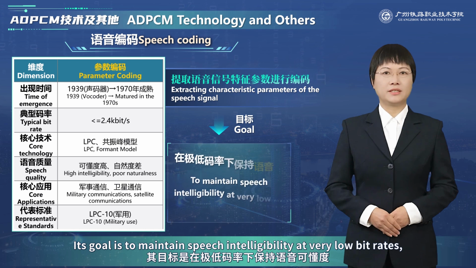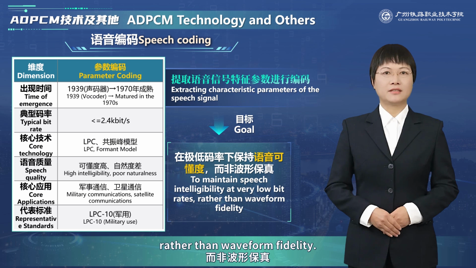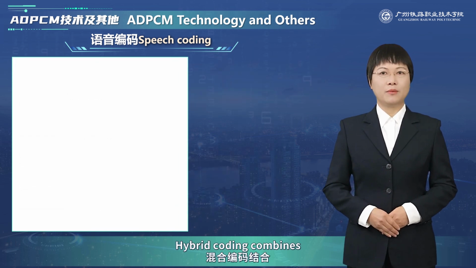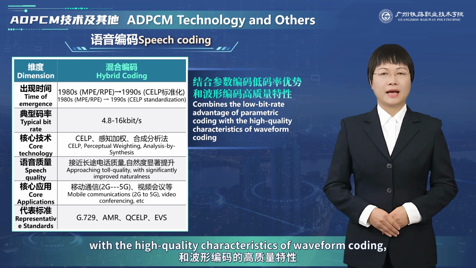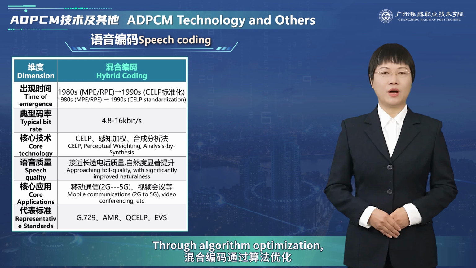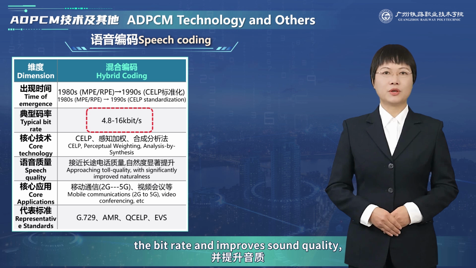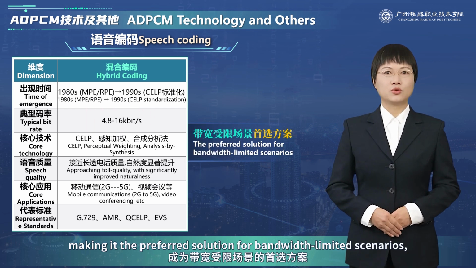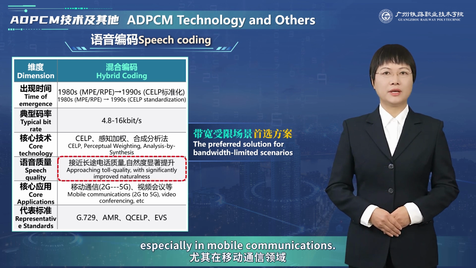Its goal is to maintain speech intelligibility at very low bit rates, rather than waveform fidelity. Hybrid coding combines the low bit rate advantage of parametric coding with the high-quality characteristics of waveform coding, employing an analysis-by-synthesis framework. Through algorithm optimization, hybrid coding continuously reduces the bit rate and improves sound quality, making it the preferred solution for bandwidth-limited scenarios, especially in mobile communications.